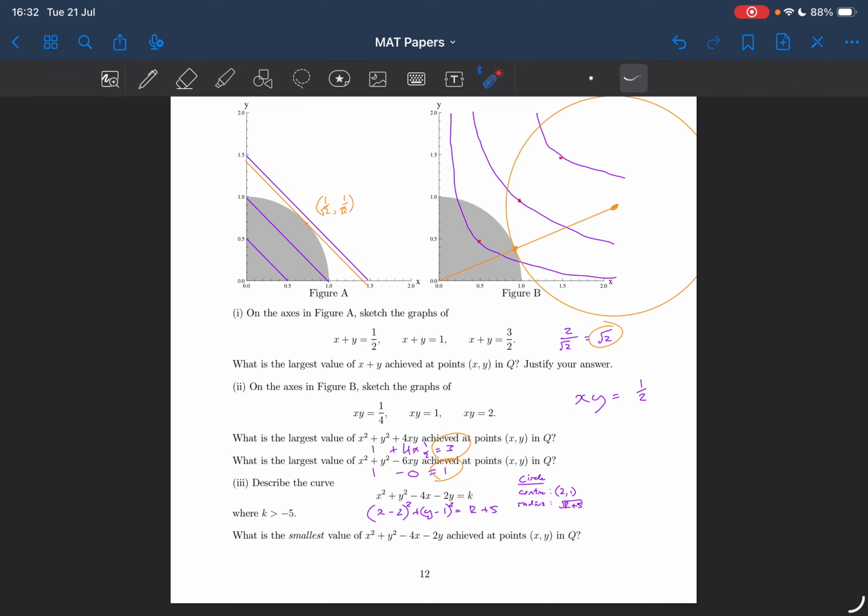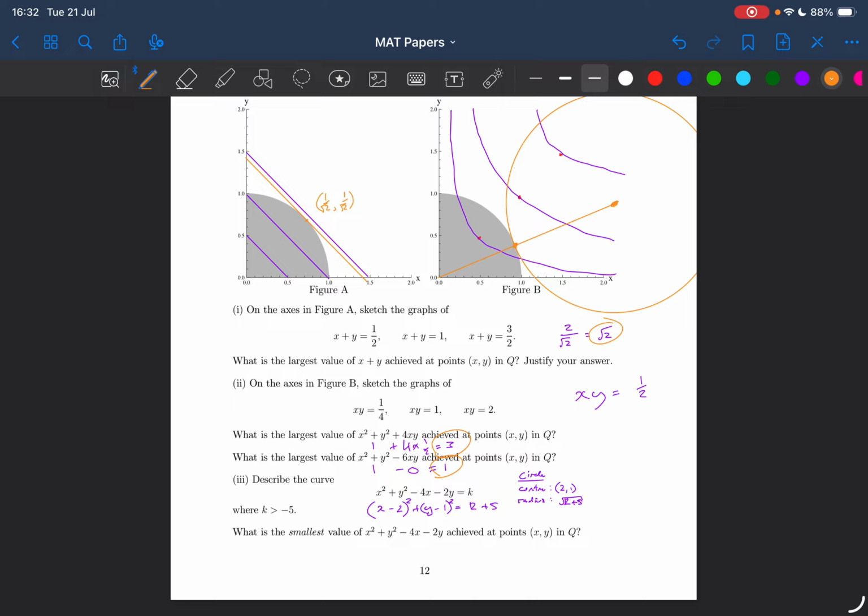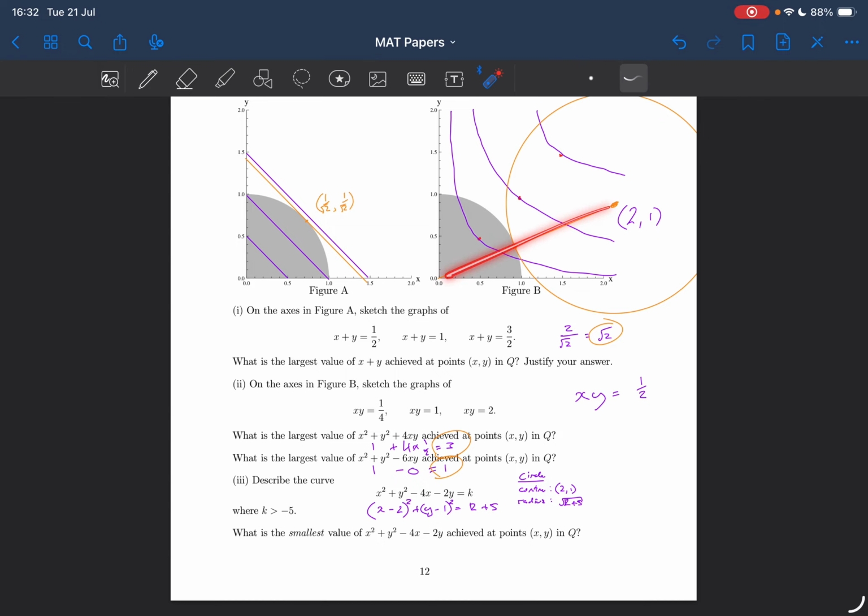How can we do that? Well, we know this is 2, 1, so it's going to be some scale factor of 2, 1 in it. Smallest value of this thing. Yeah, so we need to think about it's going to be the point 2, 1. That's this point here. Let's just write that on there. It's 2, 1. But we want to stretch it so that the magnitude is only 1.